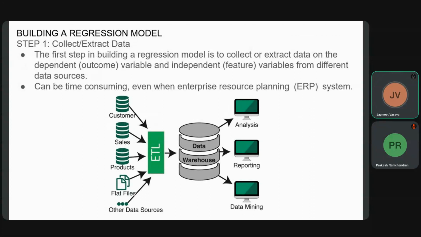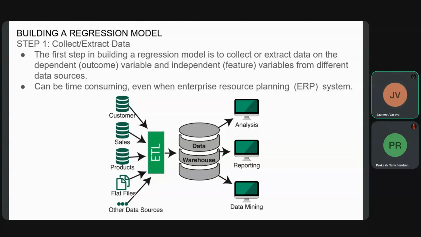Whenever we try to build a model, we have a framework which we can follow. Depending on the use case, we can change those steps if needed, but we can follow this framework of steps which helps us build a model.